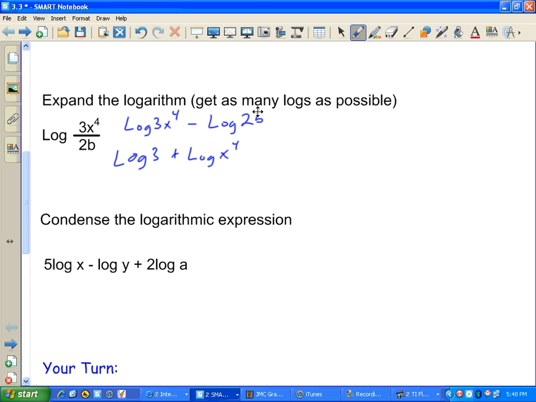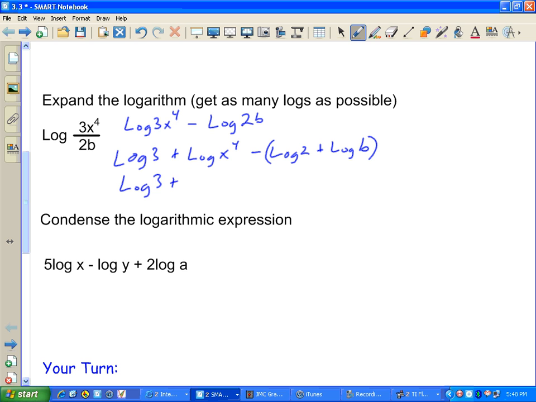This one's a product also, so I'm going to split that up. Now remember this, I'm subtracting this whole thing. So this log turns into log of 2 plus log of b. Now, this one won't change.